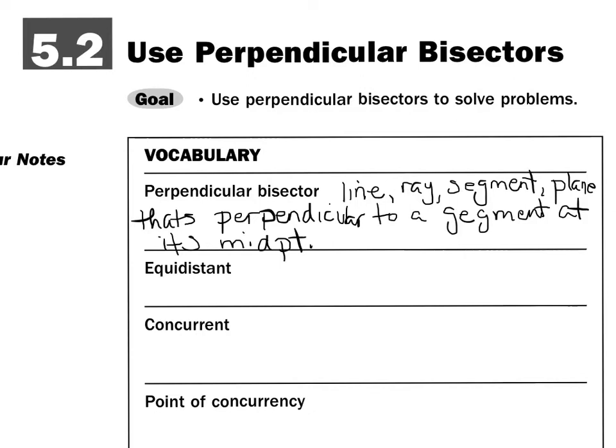Something like this. If I'm going to draw in the midpoint right here, a perpendicular bisector would come up 90 degrees.